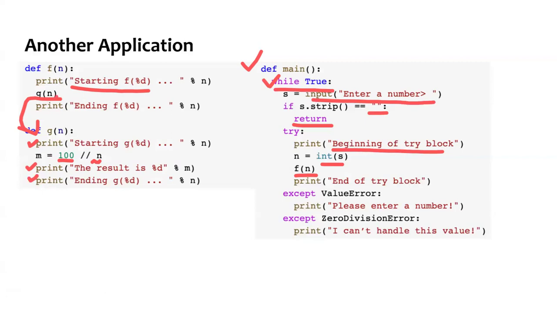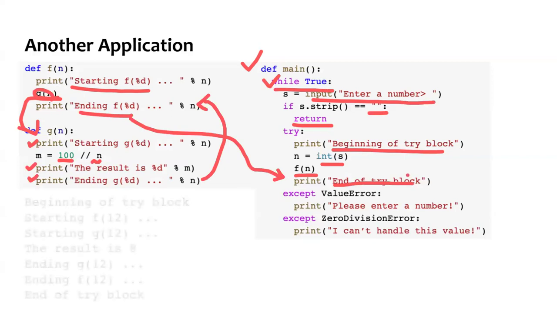After g gets started and terminates, it returns here. Then the function f terminates and goes back to this position, and the try block terminates.